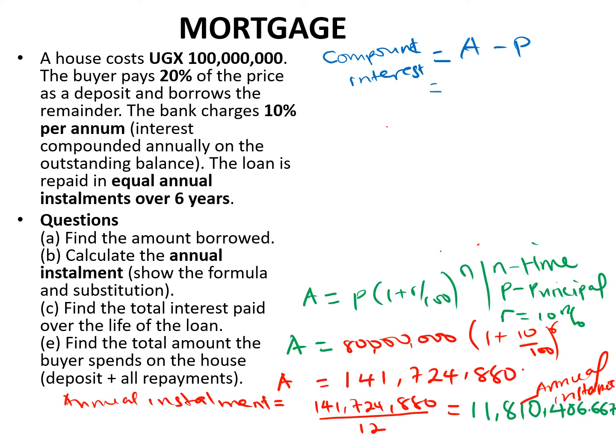First of all, the amount is 141. Maybe I should start from this side. So we shall come and we say that simple interest is equal to amount. How much will one pay in 6 years?